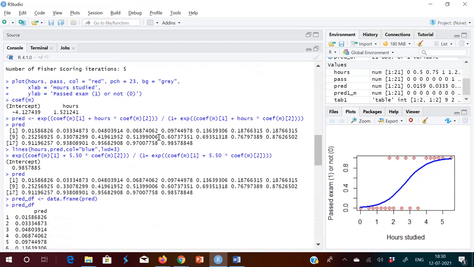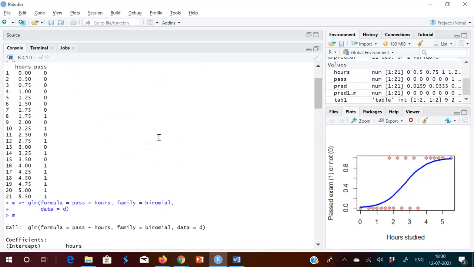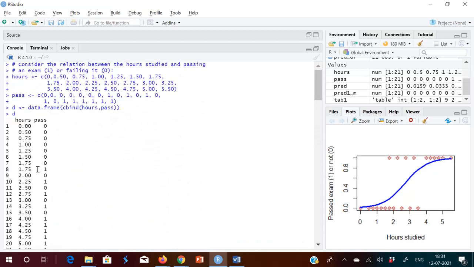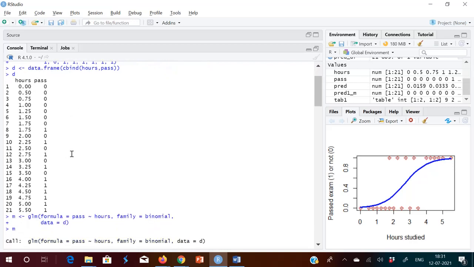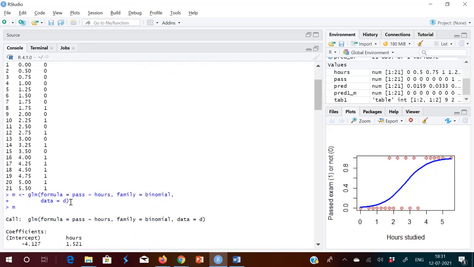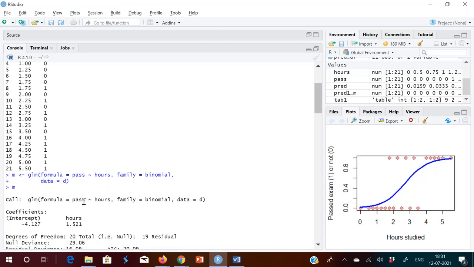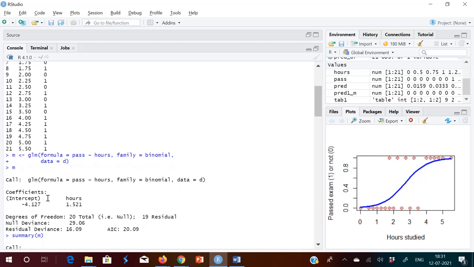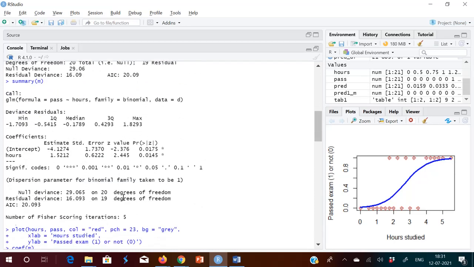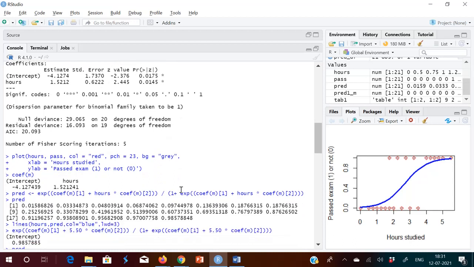So what is the thing? I'll just recap here. So this is the hours and pass what we had. Okay, we made it into a data frame, and then we made a model. Okay, GLM, generalized linear model. Okay, and then from that we got our intercept and coefficient of hours, and we used that, and this has some statistical significance, the 1 star is there, and then I plotted, and then I put those equations here.